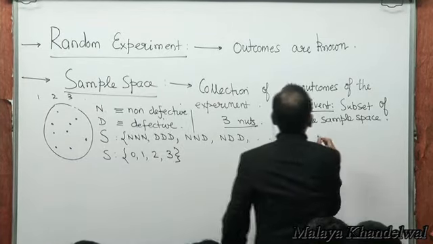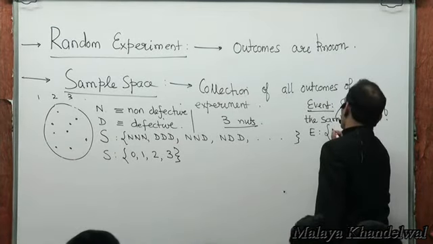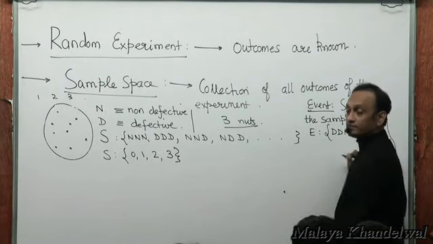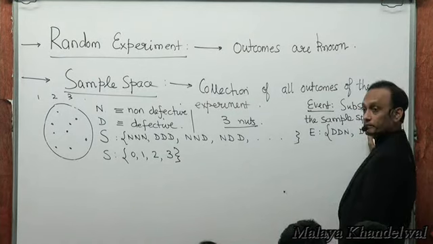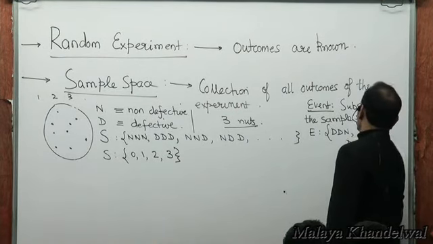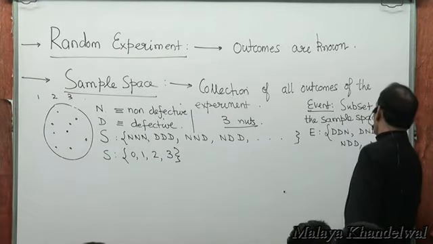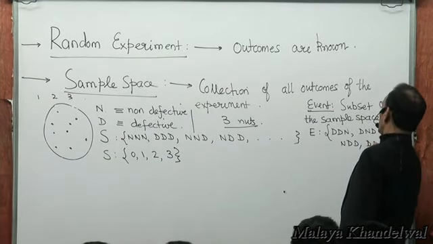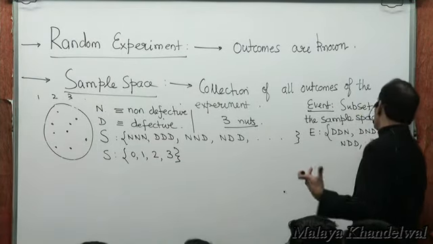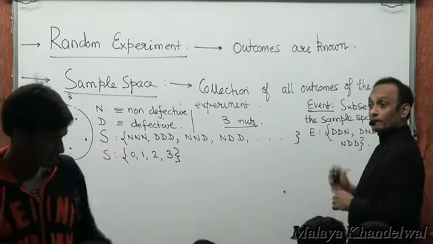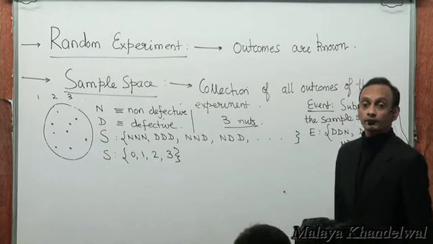So then that event would be the following: the first 2 defective, the third one non-defective, or D, ND, D, or ND, D, D, or only 2 are defective, right? This is the event in which exactly 2 are defective, right?